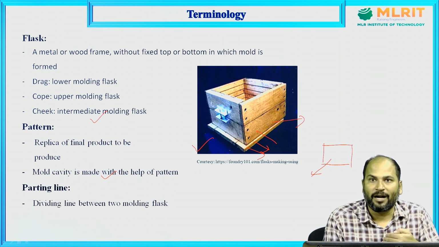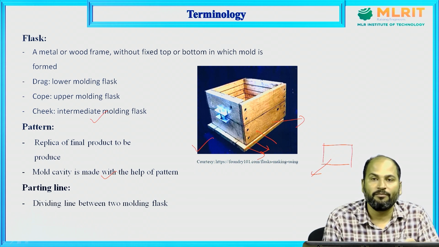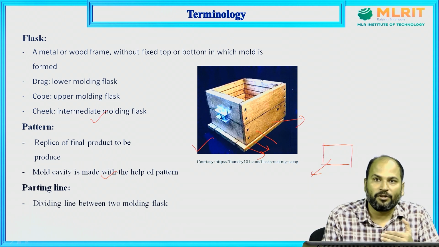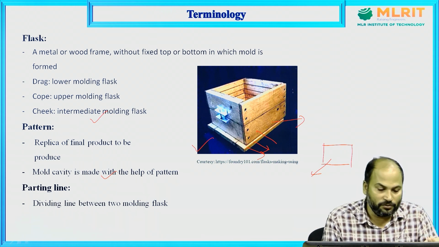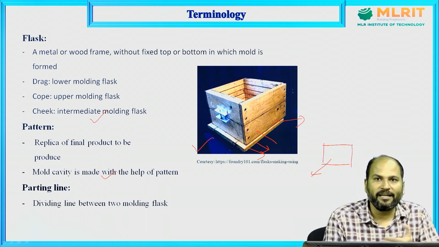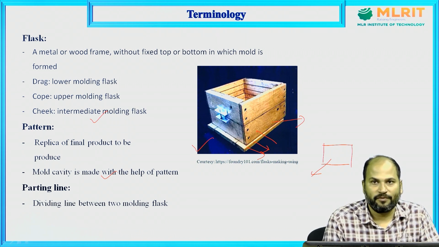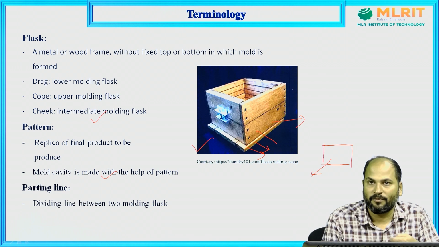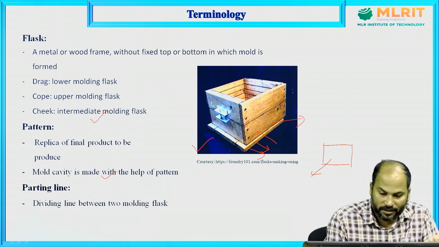Suppose we want to use a permanent pattern, then obviously we will make it with metal, not wood. If we make it with wood, the life or durability will be very less. So depending upon the volume that we are going to produce, as well as the sophistication of the process, we can choose whether it is made of plastic, metal, or wood.